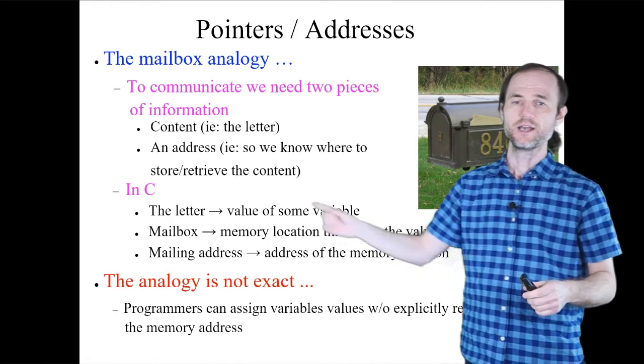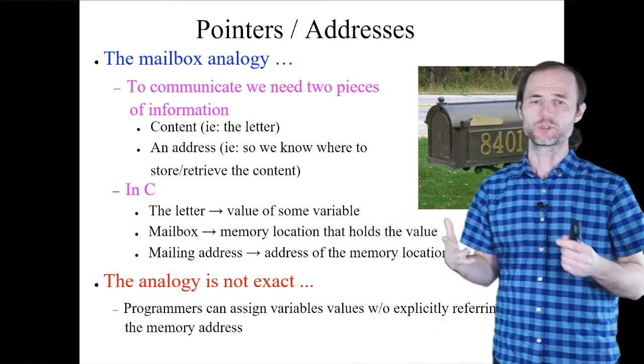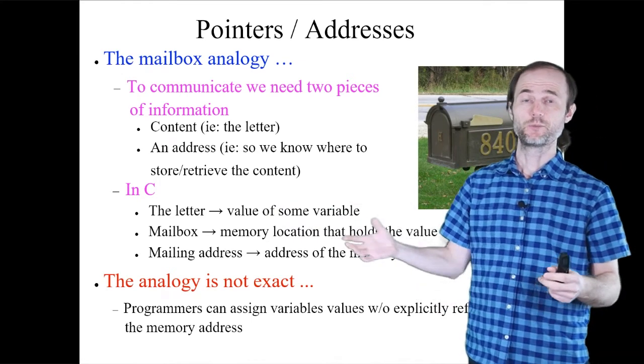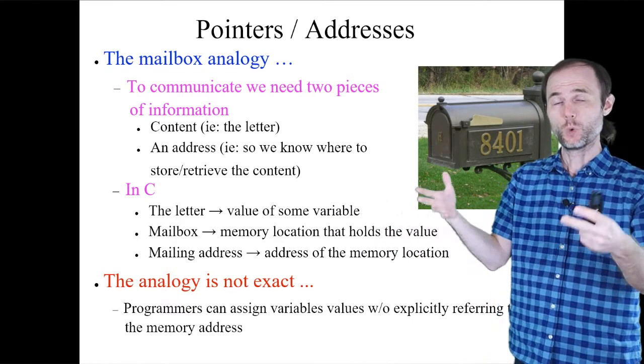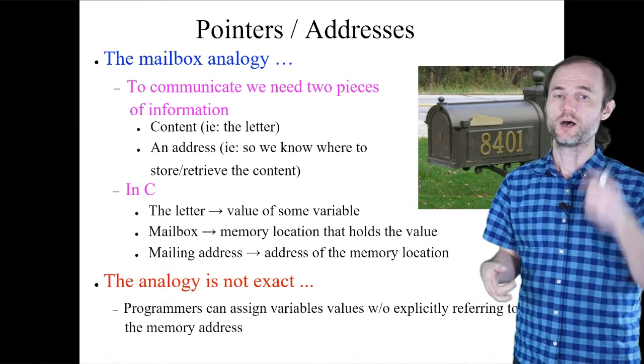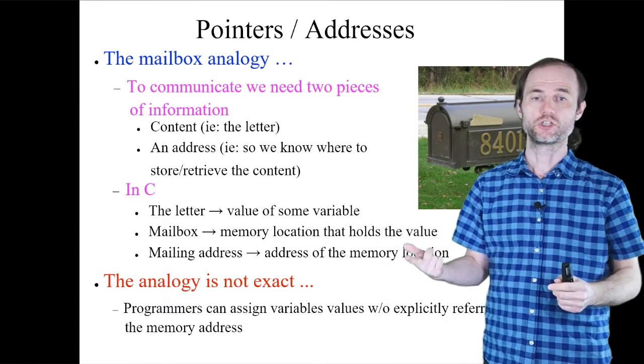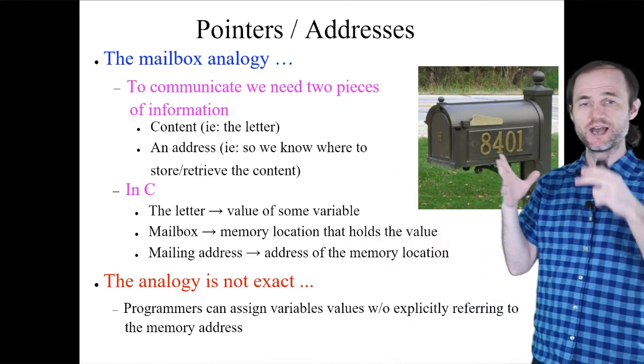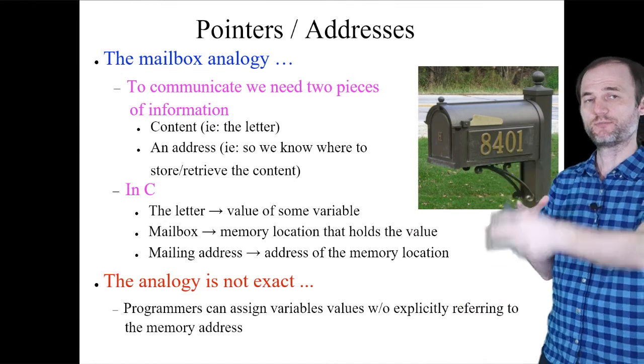In C, the letter corresponds to the value of some variable. The mailbox is the location where that variable is sitting, so the memory location that holds the value. And the mailing address is the address of the location, the address of the mailbox.